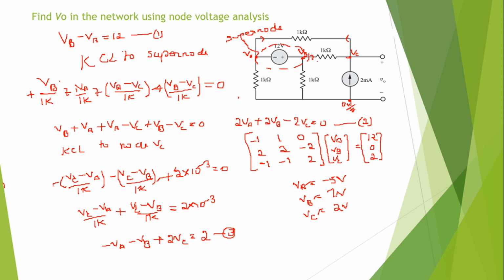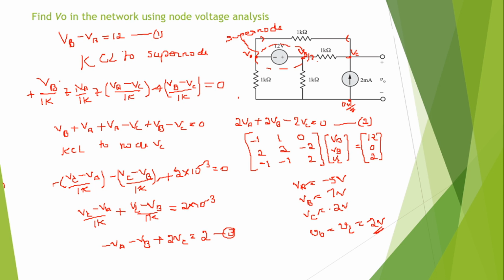If I solve this, I will get VA equal to minus 5 volt, VB equal to 7 volt and VC equal to 2 volt. Okay, so if I substitute these in the equations, all equations are satisfied. Now in the question it is asked to find V naught. So this V naught is the same as VC. So V naught equal to VC equal to 2 volt.